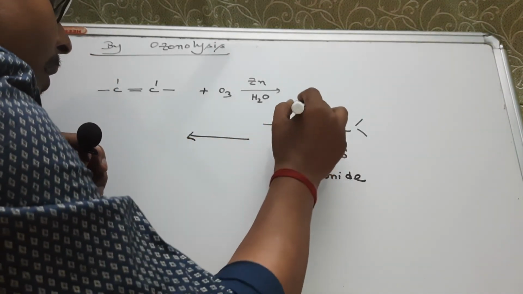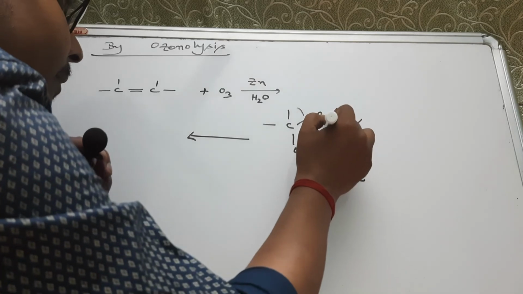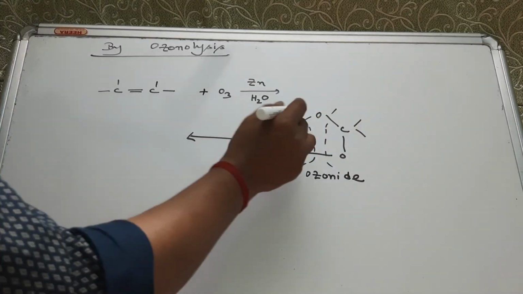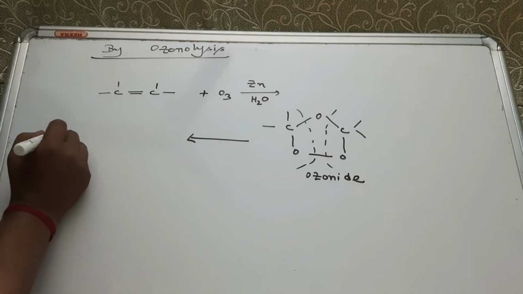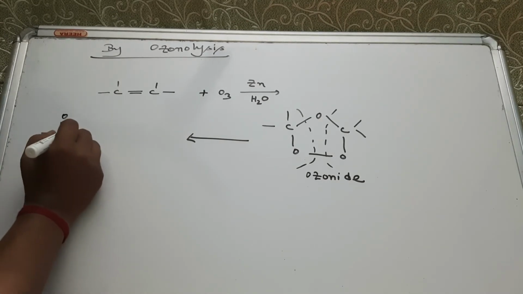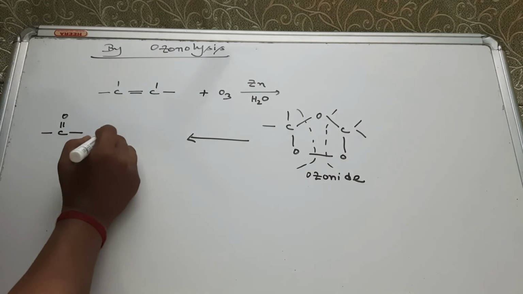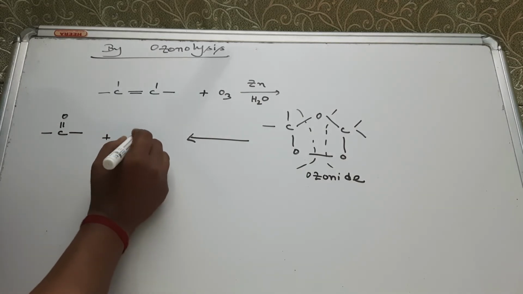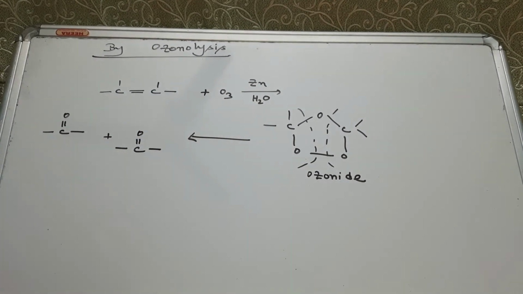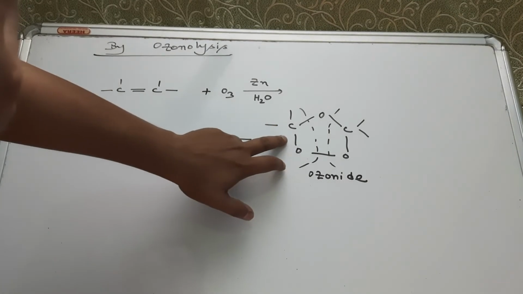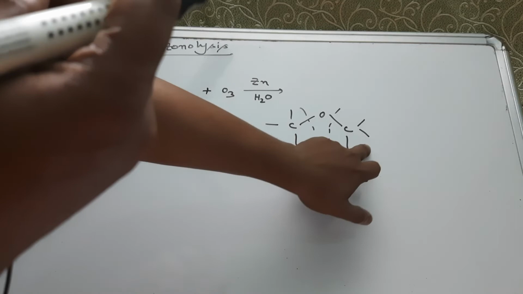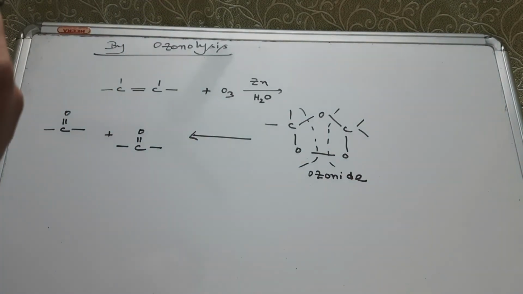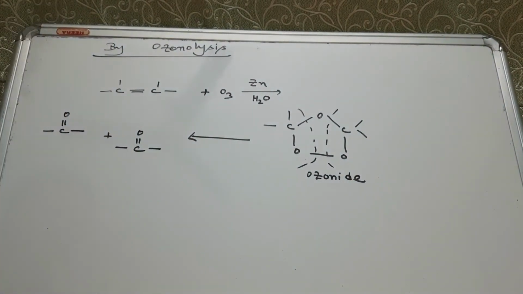Then it will dissociate, and the two parts will be detached from each other, and these two parts will form the corresponding aldehydes and ketones. This part will form an aldehyde and this part will also form a carbonyl compound. Let's take an example.